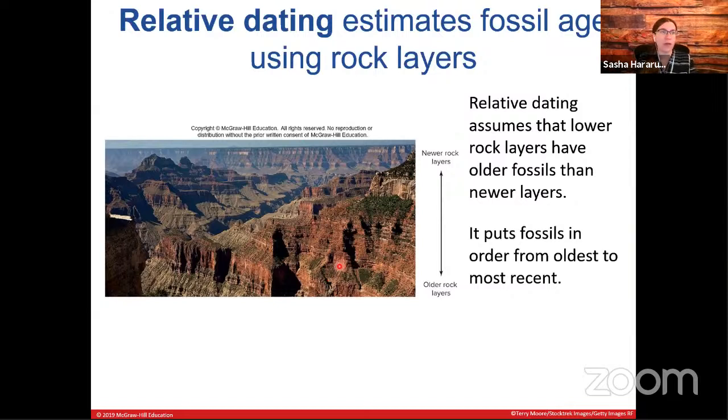So if a paleontologist goes out and starts digging a hole down, then the fossils discovered closer to the Earth's surface would be more recent. And the deeper the paleontologist would go, the more ancient, the older species they would find.